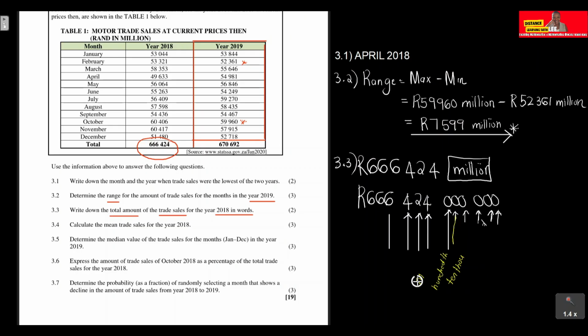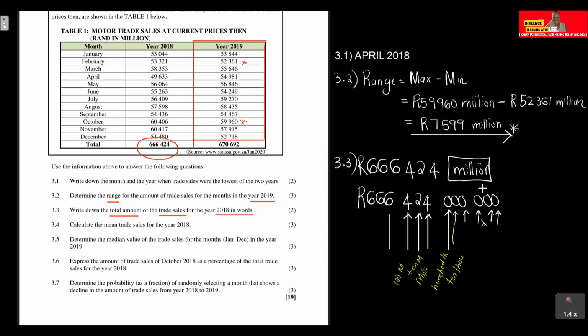Now we move to our millions, and this represents your 10 millions. This one represents your 100 millions. We already know that 6 zeros tells us that we're dealing with a million.